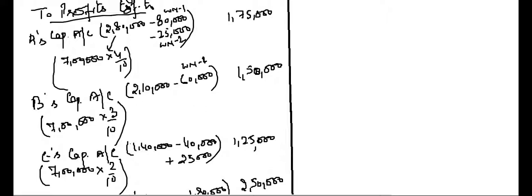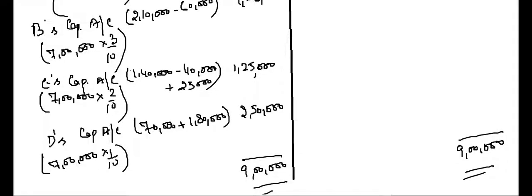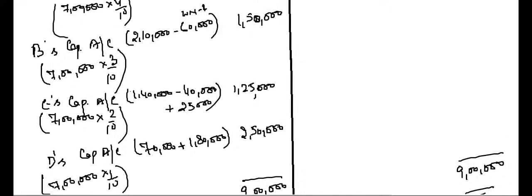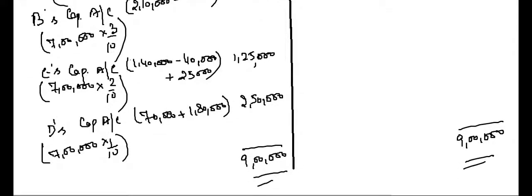The most important thing is the concept should be clear to you. What is the concept? What is the logic behind the concept? Then what the examiner wants from us? What the question is saying? What the solution is? Okay? So this is your P&L appropriation account, right?